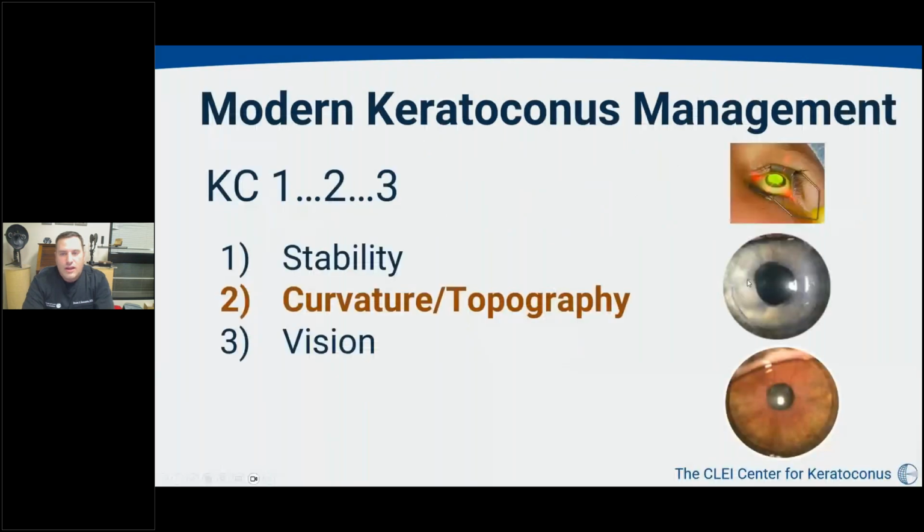So diving right in, where does CTAK fit in our keratoconus management? I always like to think of modern keratoconus management as breaking down into three categories. The procedures for stability, which primarily is corneal cross-linking, the procedures which are used to improve corneal curvature and improve topography, and then at the end of the day, with all of the procedures that we do, we have to pick the best modality for our patients to improve their vision.